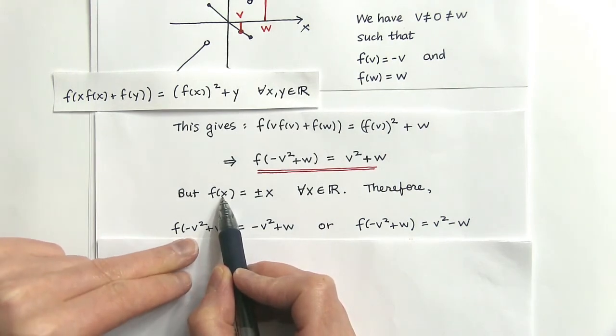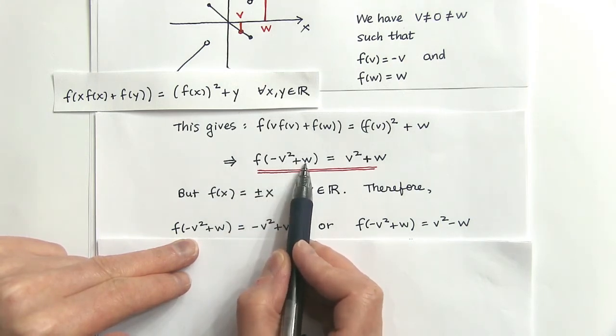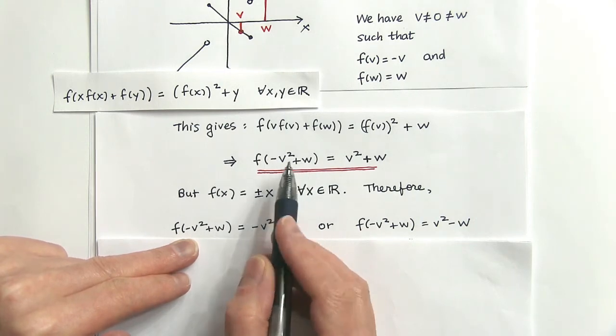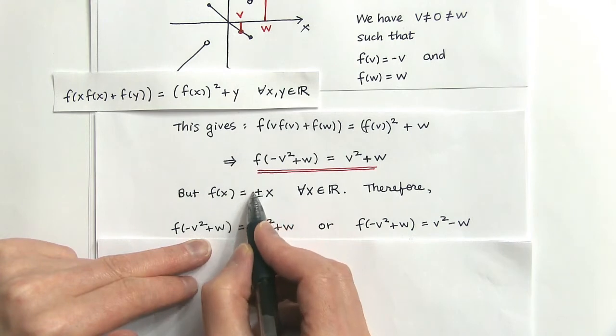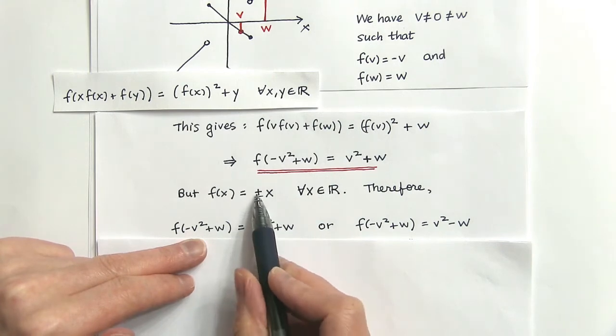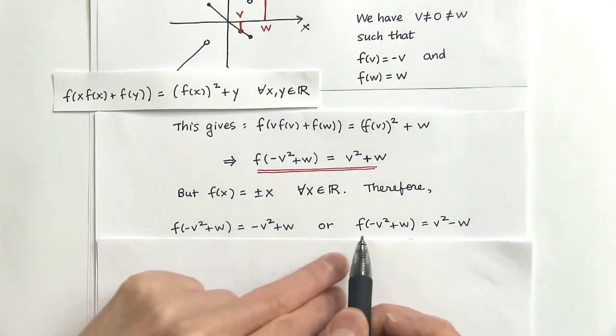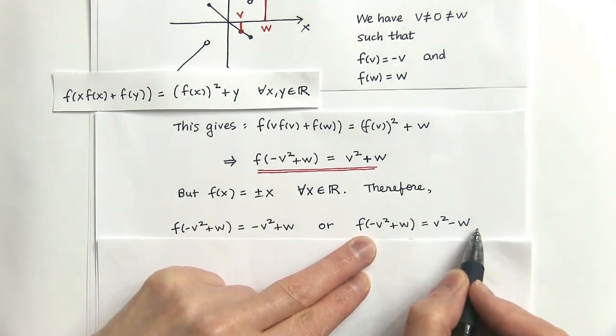Replacing x with minus v squared plus w, f evaluated at minus v squared plus w is either the plus of this, minus v squared plus w, or the minus of this, v squared minus w.